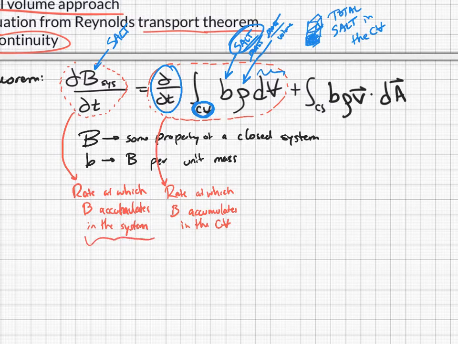This is in the system, this is in the control volume. Well, the system is usually a defined mass of something. But the difference is with the control volume, stuff can come and go from it. So that's what this last term is going to have to deal with. It's going to have to deal with the fact that stuff can enter and leave a control volume.